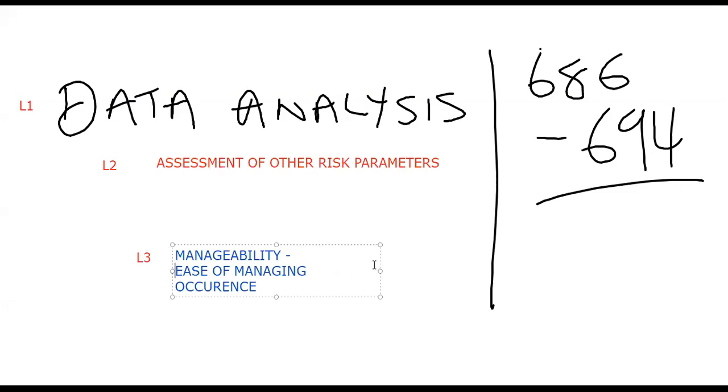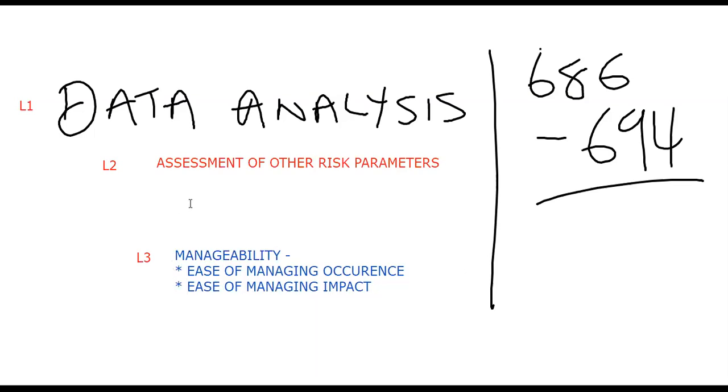Think about it: how easy is it for you to manage a risk occurring, or to manage the impact of a risk? Some risks you can manage their impact. Other risks are very hard to manage effectively. So where management is easy, manageability is high.